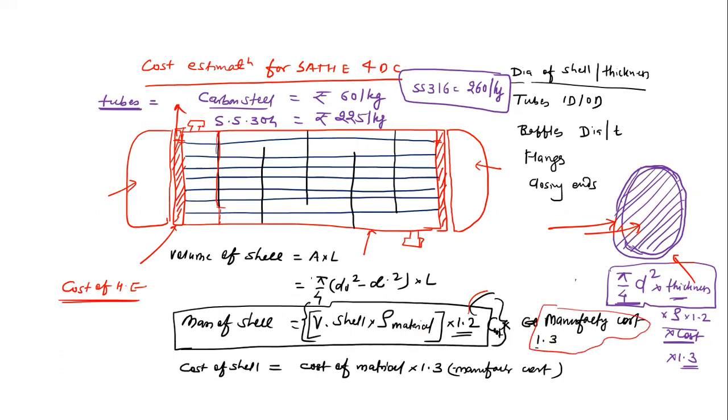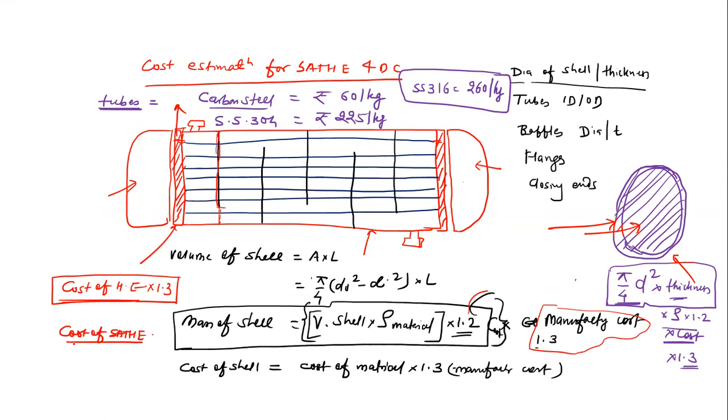So this inlet, outlet, and the closing end, let's say contribute 30% of total cost. So whatever cost is there, the 30% extra would be contributed by the closing end. This will give me the cost of shell and tube heat exchanger.